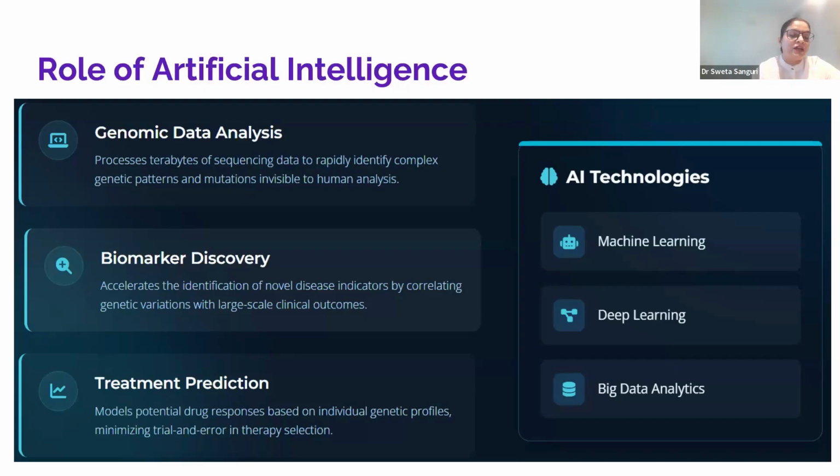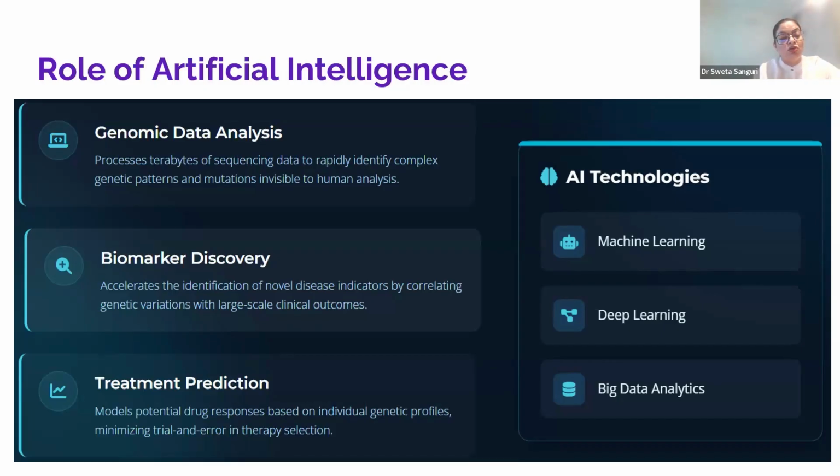So AI can help in biomarker discovery, it can help in treatment prediction. If the results are pointing towards some kind of mutations, and there is sufficient information that a kind of treatment can help this category of patient or this kind of mutation, then AI can help in predicting what other treatment options are available.